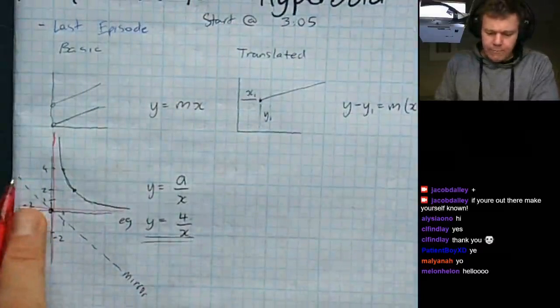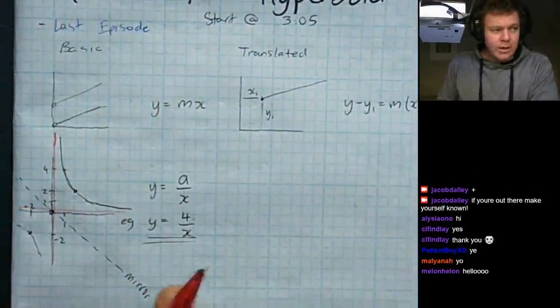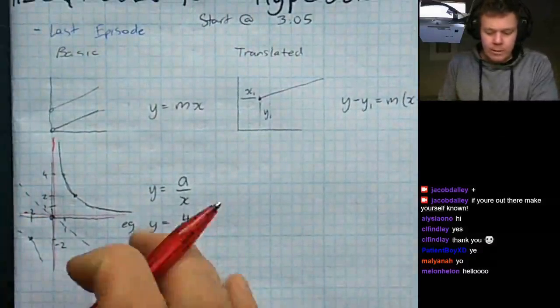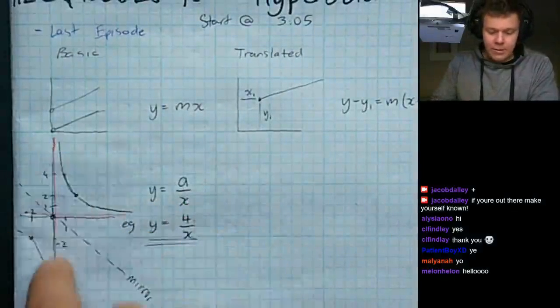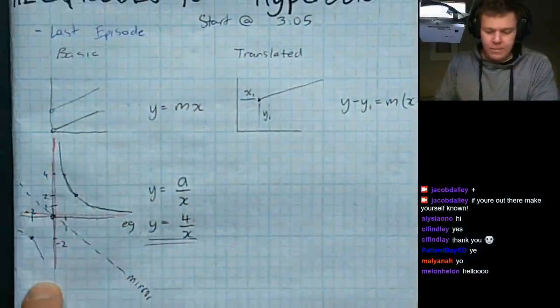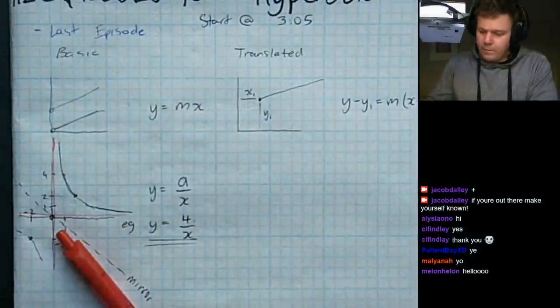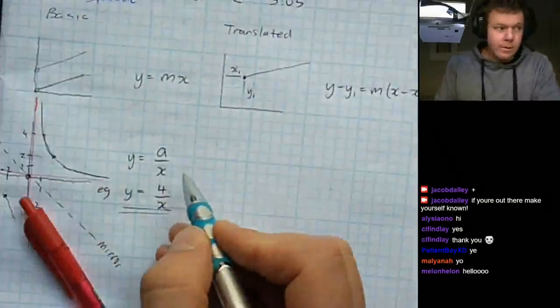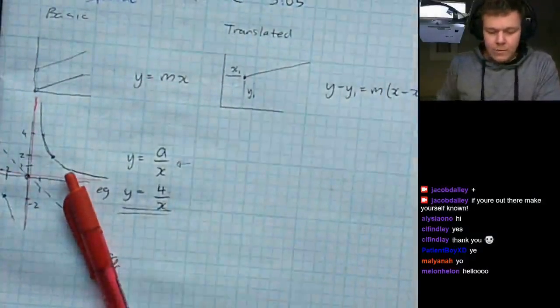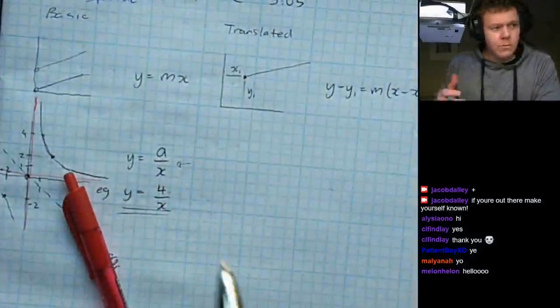So when you're translating a hyperbola, you basically want to think about translating this asymptote axis. The formula will be very similar to this if you're writing one.